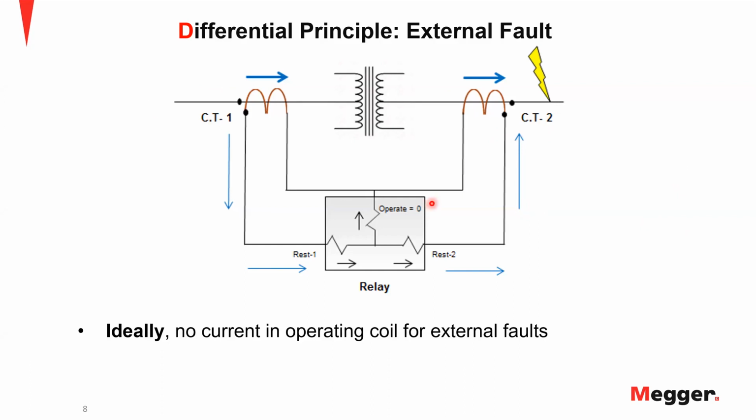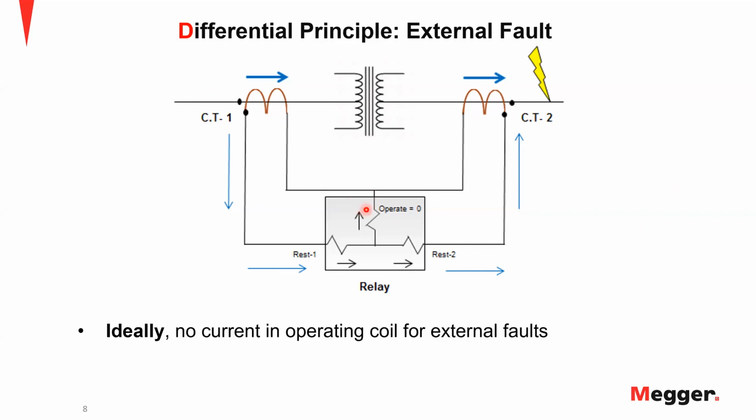So the differential relay consists of restraint windings and operate windings. So the operate quantity, that is nothing but the differential current in your zone of protection. So when you see a difference of currents on either side, you would see that there will be a current in the operate coil.